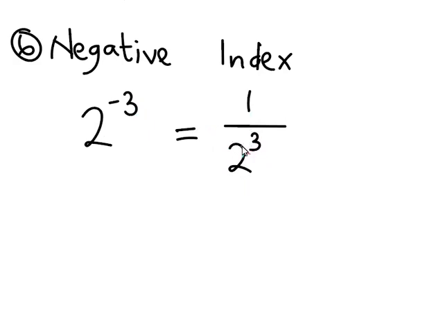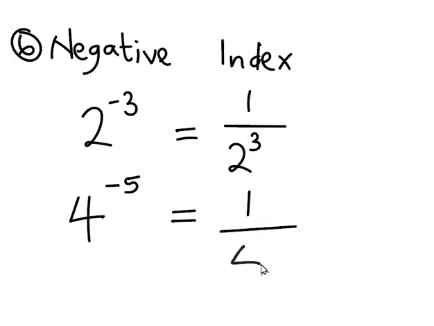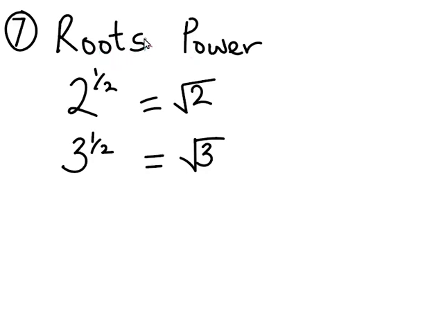So if you have 4 raised to the power of minus 5, it simply means 1 all over 4 raised to the power of 5.